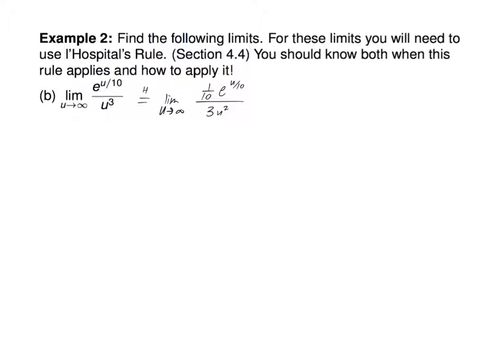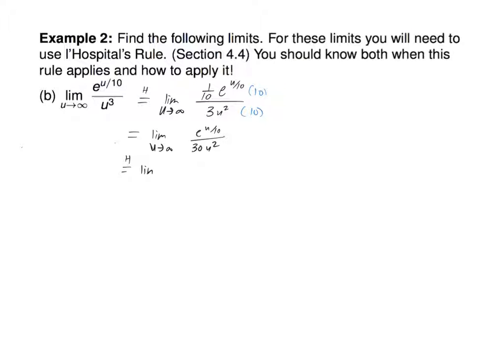You could technically simplify this to the limit as u goes to infinity of e to the u over 10 over 30u squared. Do you guys agree with that? How I think about that is if I multiply the top and bottom by 10, it'll cancel out the 1/10. But you still don't know what's happening yet, do you? Because it's still infinity over infinity, which means you do it again. Yay!